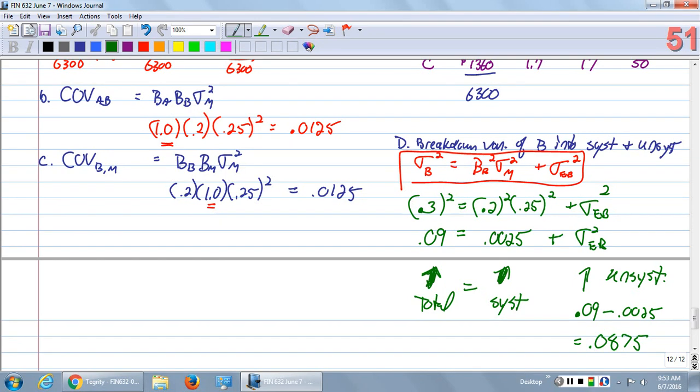So that's where we're going to go in Chapter 9. We're going to use this important concept of an index, of a benchmark, one portfolio, one index that we can evaluate each asset relative to, and see if we can price the risk of those assets. That's called the capital asset pricing model, and it's coming up in Chapter 9.